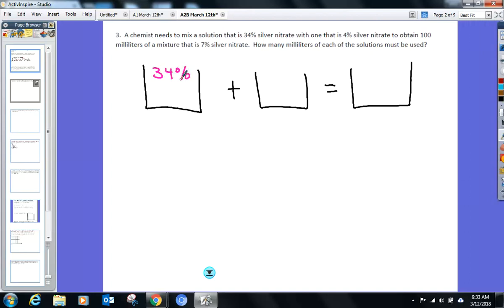I do not know how much I have of it, so I will call that x. What's in your second beaker? 4% silver nitrate. Do I know how much of that I have? Nope, so I'm going to call that my second variable, y. What's in the third beaker? The mixture, which is 7% silver nitrate. I do know how much I have of that, and that is 100 milliliters.